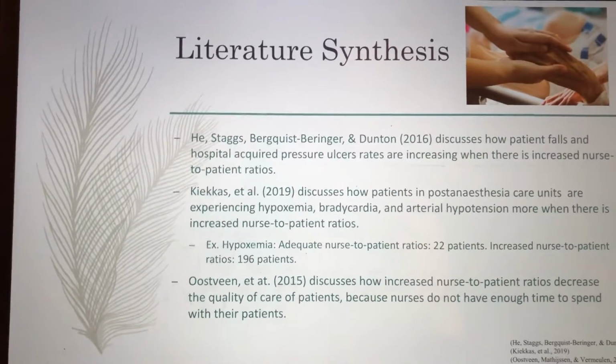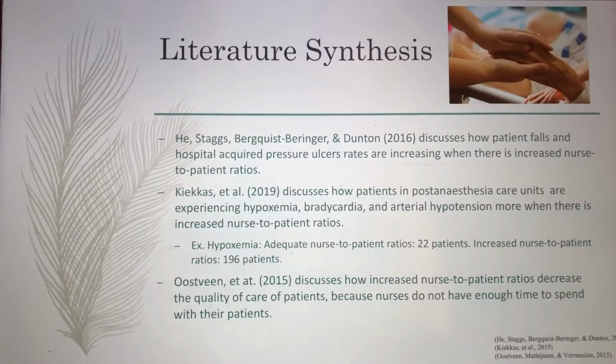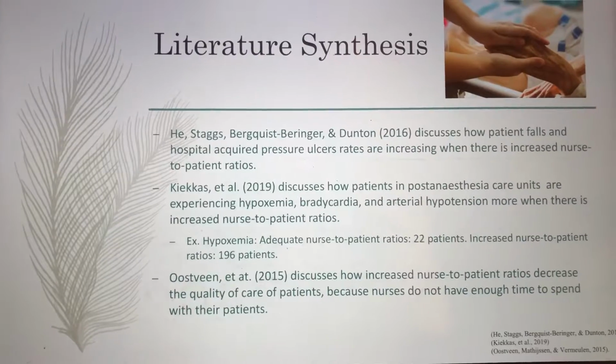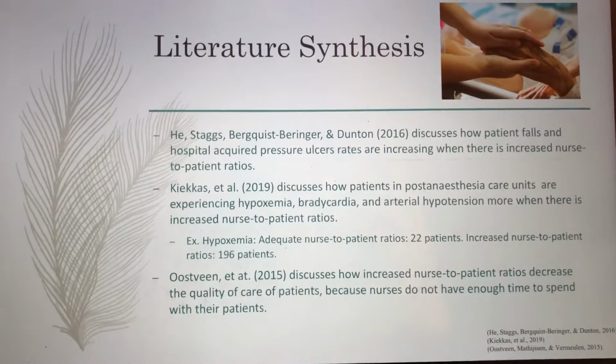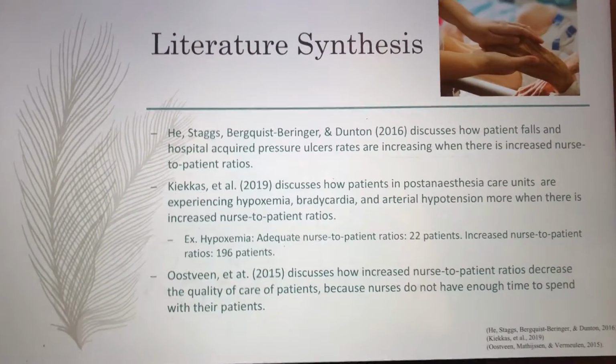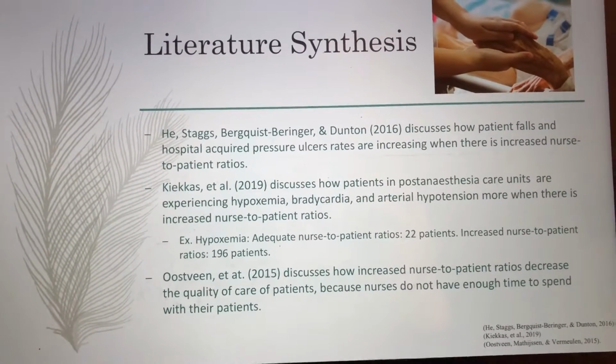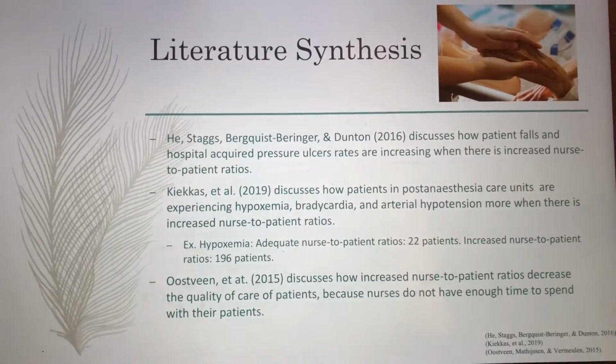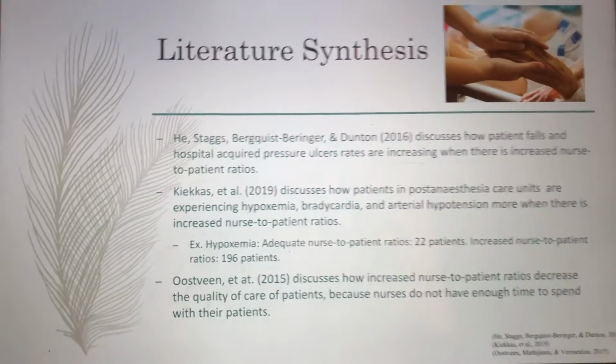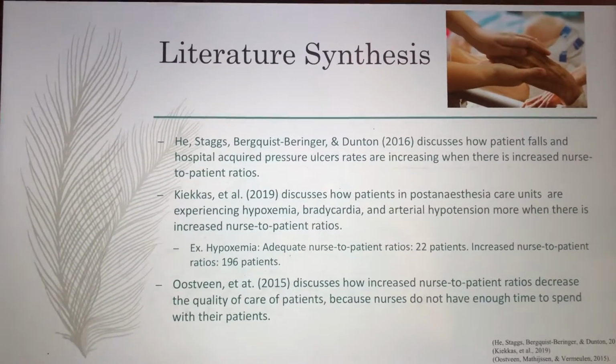So, with that study, that brings me to the next one about Kikas, which also just discussed how patients in the post-anesthetic care units are experiencing hypoxemia, bradycardia, and arterial hypotension more when there's an increased nurse-to-patient ratio. I just put an example on here about the hypoxemia.